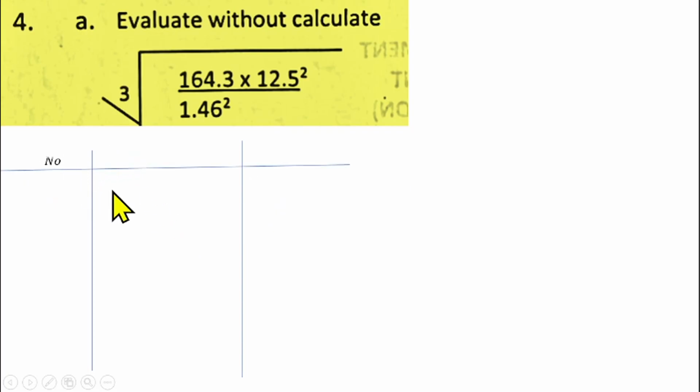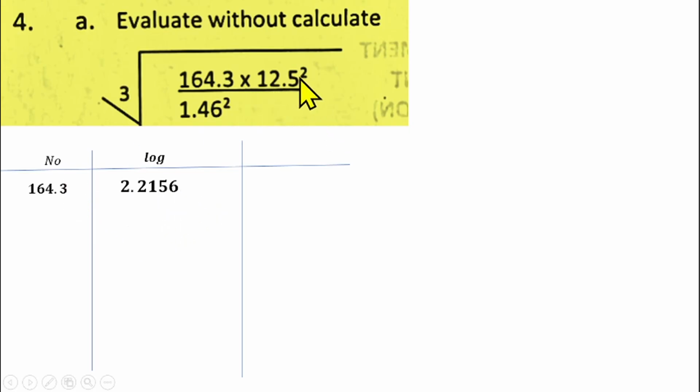So you have your number, you have your log. You start with the numerator because it's a fraction. So we have 164.3. The characteristic of this number is 2, so you write 2, then point. In your logarithm table, we now check 16 under 4 difference 3. That should give us 2.2156.